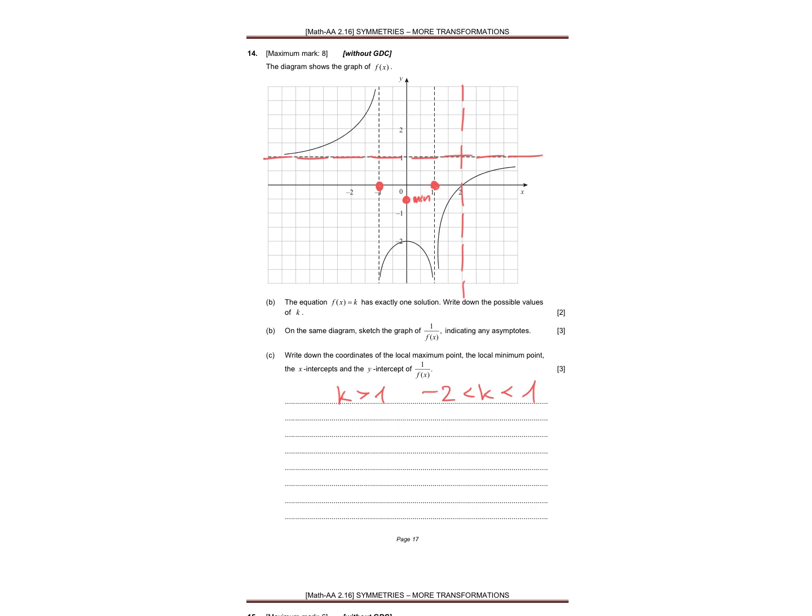And then it's positive here, so it needs to stay positive. And here it's negative, so it needs to stay negative. And here it's negative up until 2. And then after that, it's positive.